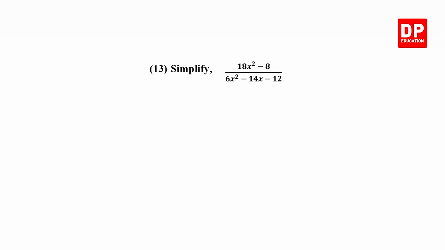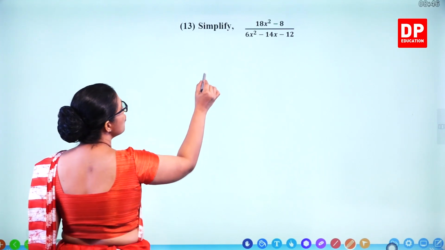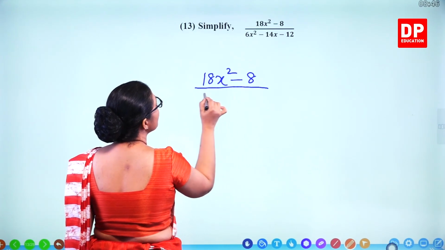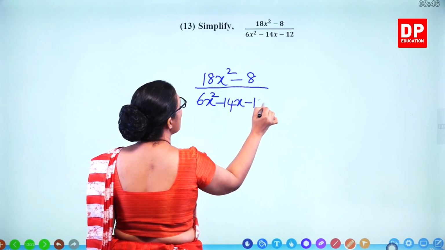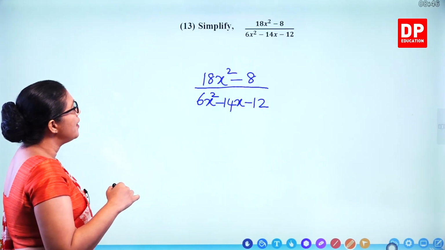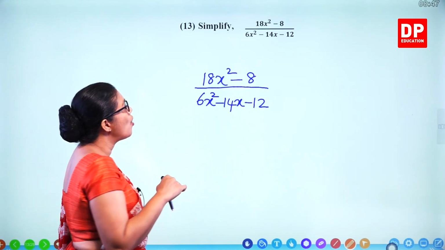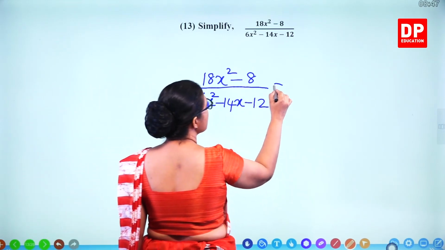Question number 13, simplify. So quadratic expressions are there, so you have to factorize. So we'll see 6x squared minus 14x minus 12. What's common? 2 is common from the numerator.